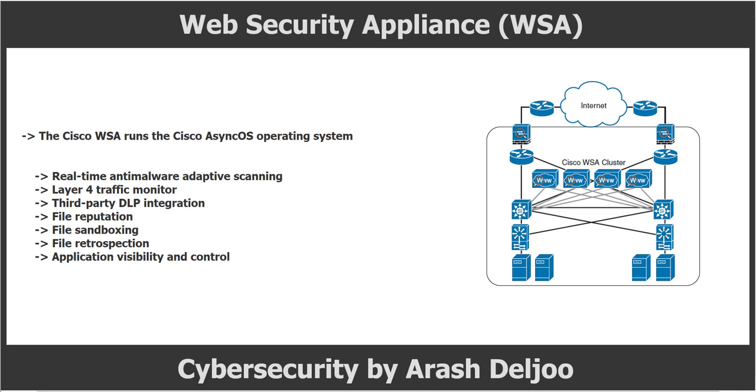About the layer 4 traffic monitor. The Cisco WSA is used to detect and block spyware. It dynamically adds IP addresses of known malware domains to a database of sites to block. And after that, we have third-party DLP integration.